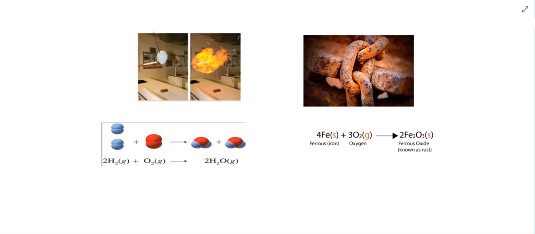Okay, so what I want to talk about in this lesson is the idea of rates of reaction. I want to try and go through and explain what that means. So we have this idea of a rate of reaction.